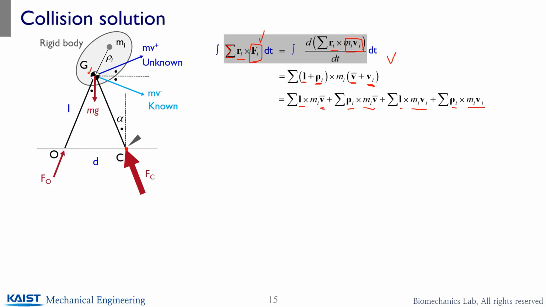Here, those V bar and L are going to come out of the sigma, so you will have L total M. And here you have a rho I Mi multiplication over the sigma, and you have a Mi Vi multiplication over the sigma, and that turns out to be 0 due to the definition of center of mass.